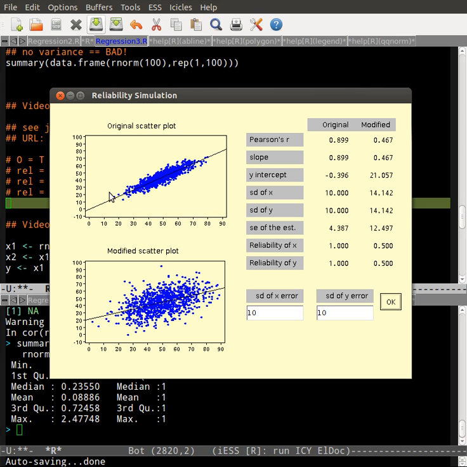So roughly 81% of the variance is accounted for in this first regression. When we finish, we have about 0.5, we'll call it. So with 0.5, we only have 25% of the total variance accounted for. So measurement reliability attenuates the relationship and adversely affects our parameter estimates.